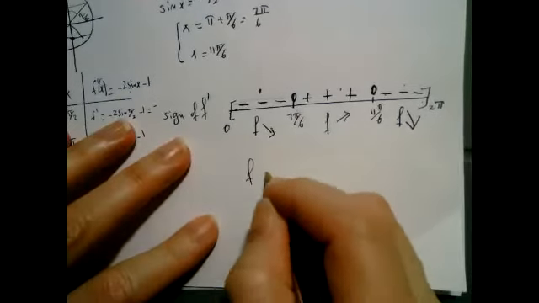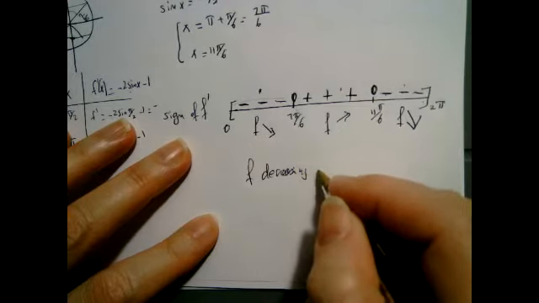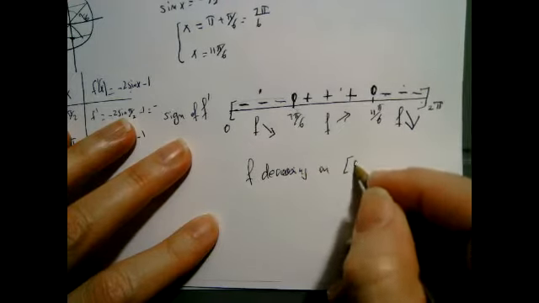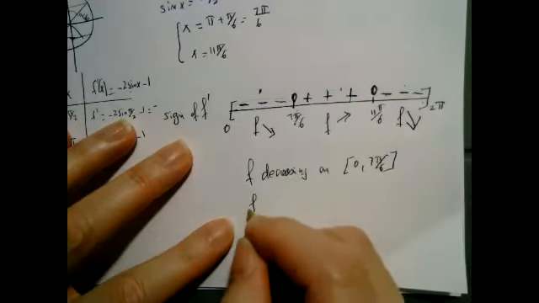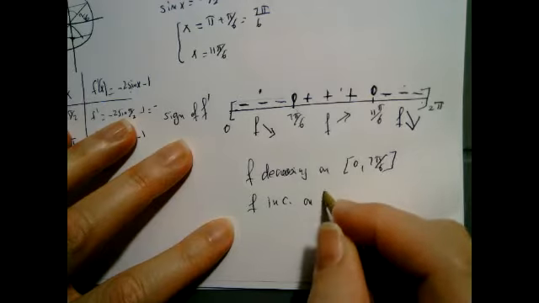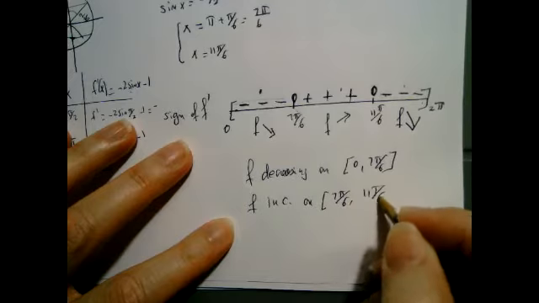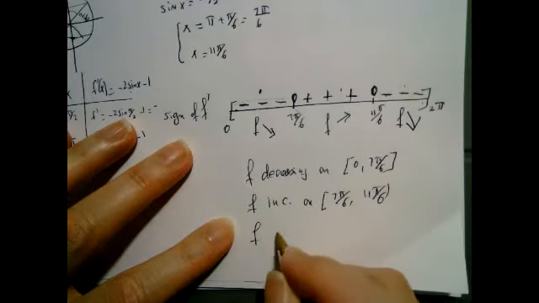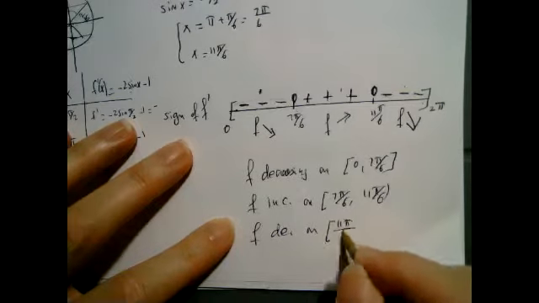So f is decreasing on the interval 0 to 7 pi over 6. F is increasing on the interval 7 pi over 6 to 11 pi over 6. And finally, it is decreasing on 11 pi over 6 to 2 pi.